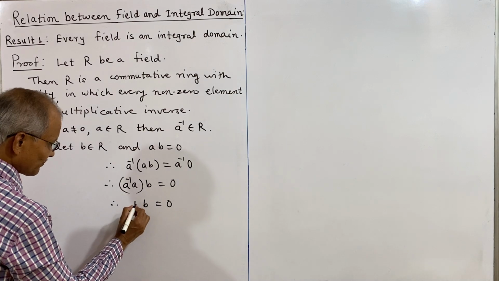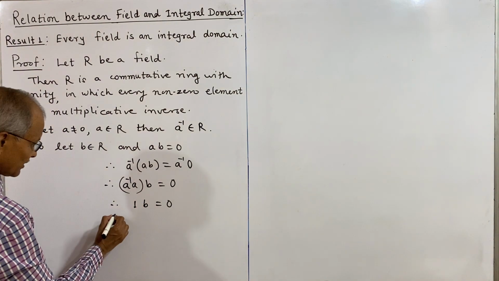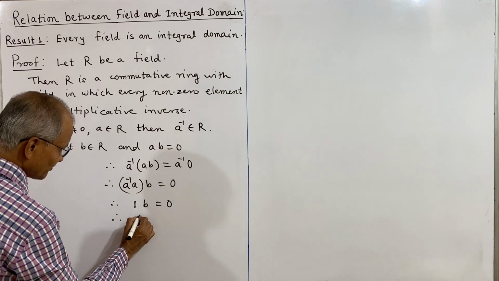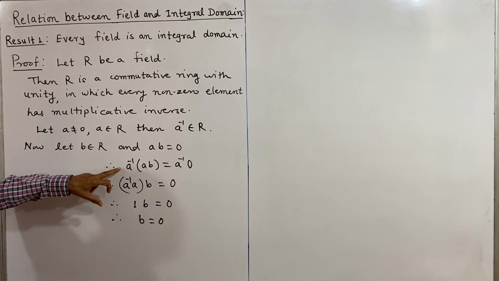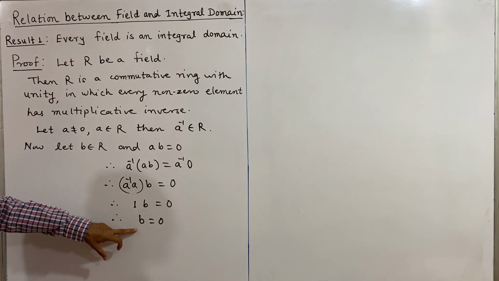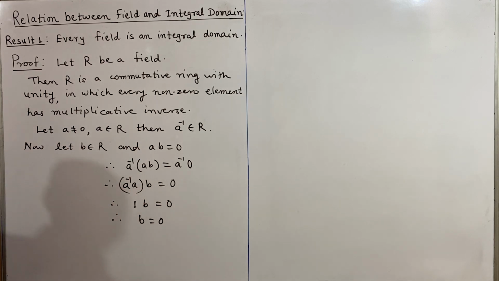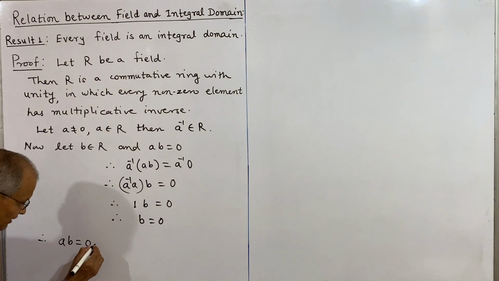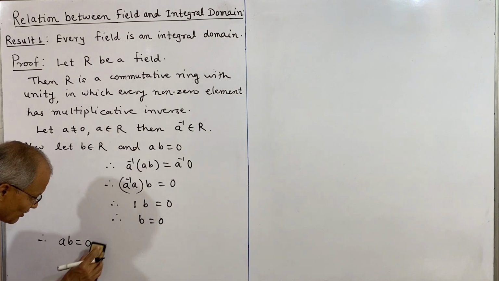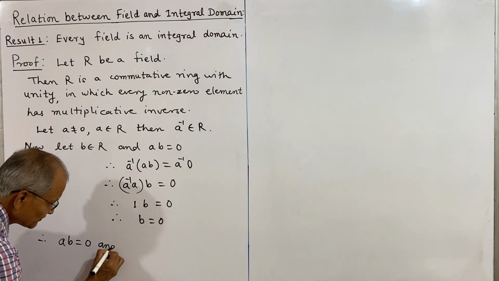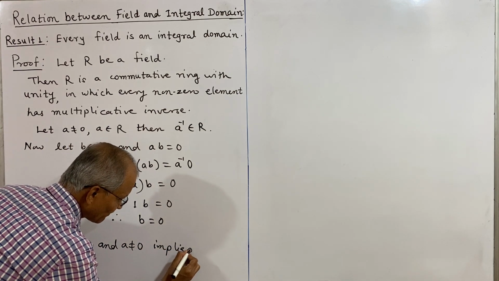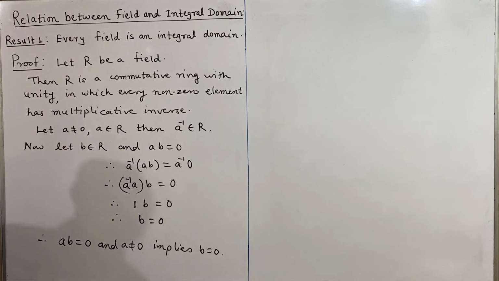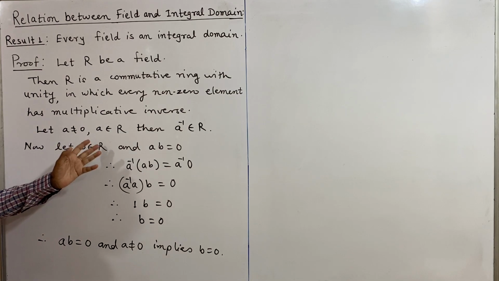So 1 into b, identity for multiplication, and this implies b equal to 0. So thus ab equal to 0 and a is not 0 implies b equal to 0.